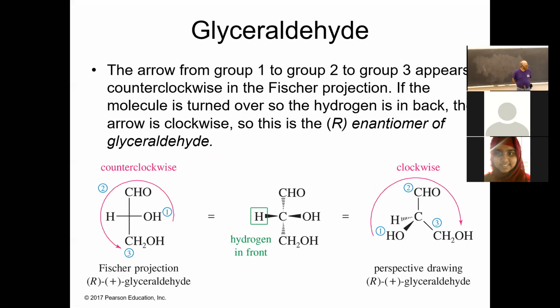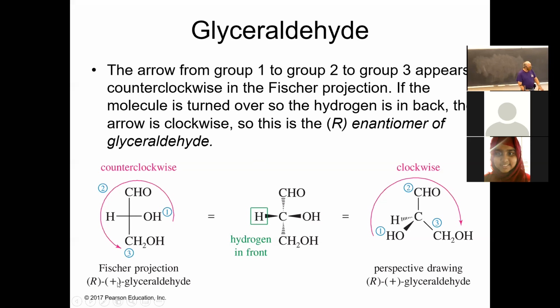Okay, this is a molecule called glyceraldehyde, and this was one of the molecules that was studied by Emil Fischer back in the early 1900s. R-(+)-glyceraldehyde, which is the naturally occurring isomer, has this configuration.